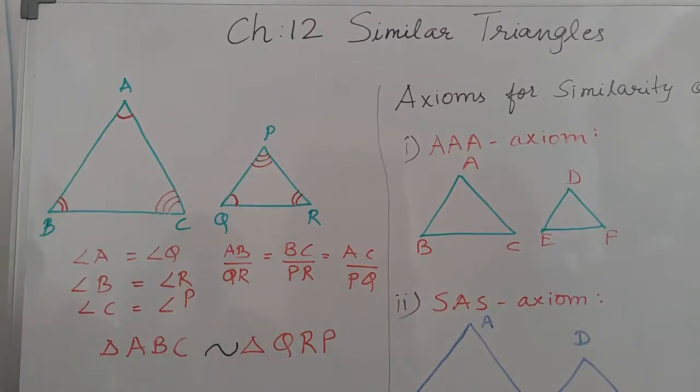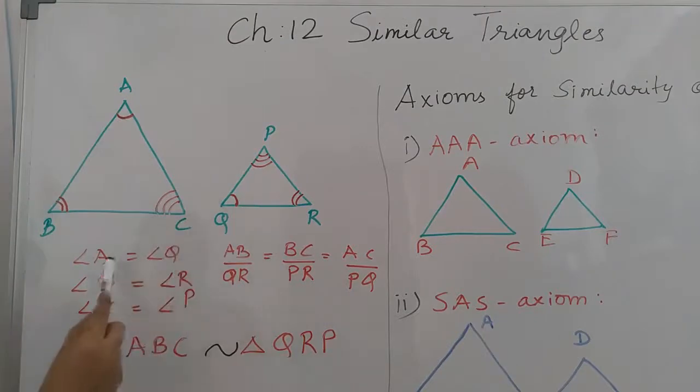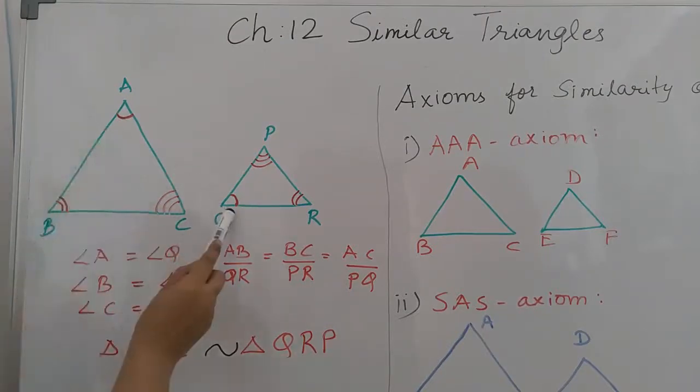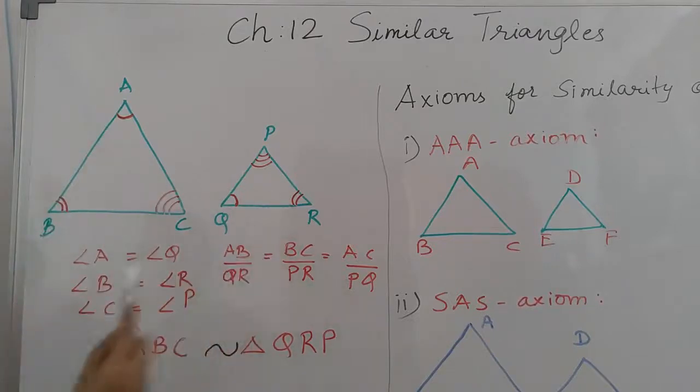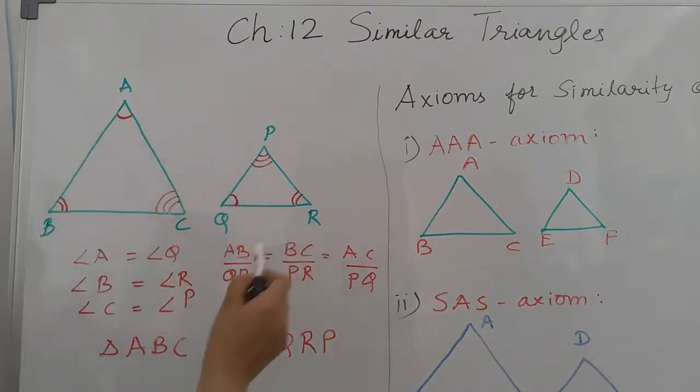Which two conditions do we have to remember for the similarity of triangles? If the corresponding angles are equal in measure, like A is equal to Q, B is equal to R and C is equal to angle P, and the corresponding sides are in proportion, then the two triangles are said to be similar triangles.